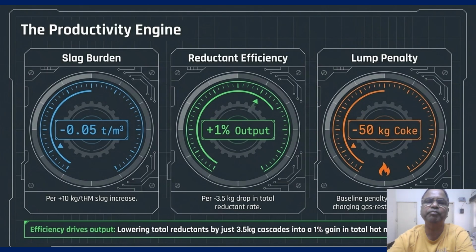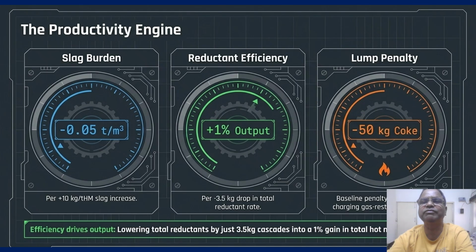Finally, the lump penalty gauge on the right reminds us that gas-restrictive lump ore carries a 50 kilogram coke penalty. The so what is clear. Efficiency drives output. If you can optimize your burden to lower reductant, you are not just saving on fuel cost. You are physically opening up volume for more iron production. This is the productivity engine in action.